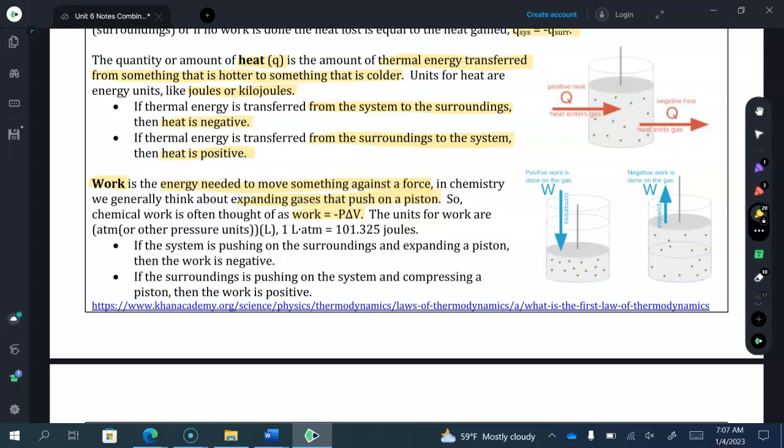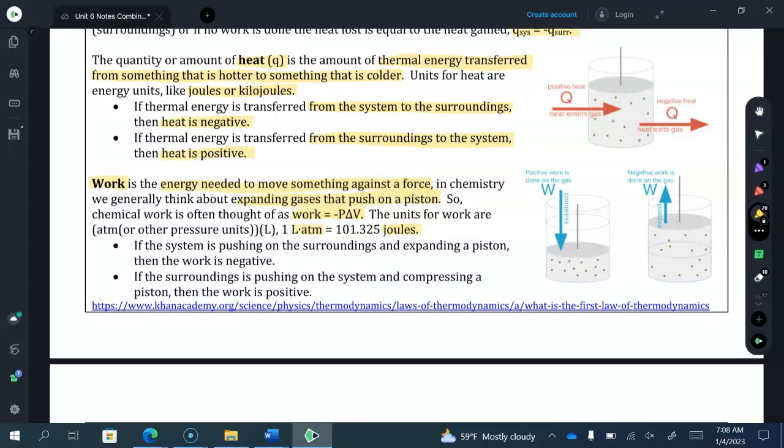The units for work are atmospheres, ATM, for pressure, times liters, given here. This is also shown as joules. Okay, so energy units are also used for work because it is an energy, but because it's based off of pressure and changes in volume, it has the liter atmosphere units as well.